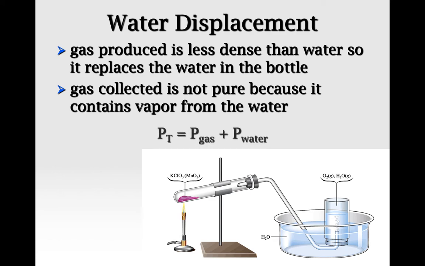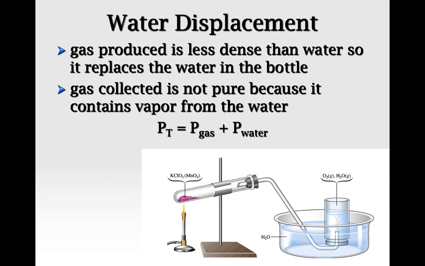So here it is. You take your total pressure, right? The total pressure is like what the pressure is that day. You can use a barometer, your PT. So we can assume it's like 760. And then your unknown is the P gas, the pressure of gas, and your known will be the pressure of water.